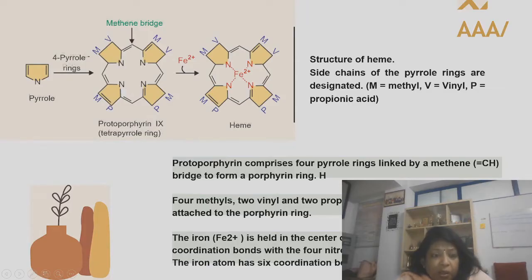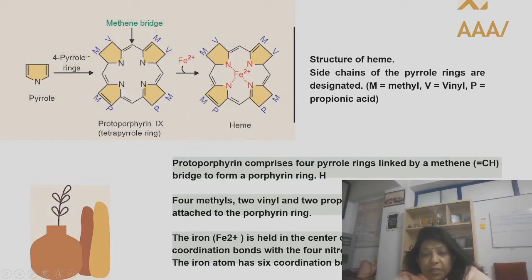Methyl and vinyl bind with the pyrrole ring, then iron is added to this, and this forms heme. When iron is added to the protoporphyrin 9, this constitutes heme.